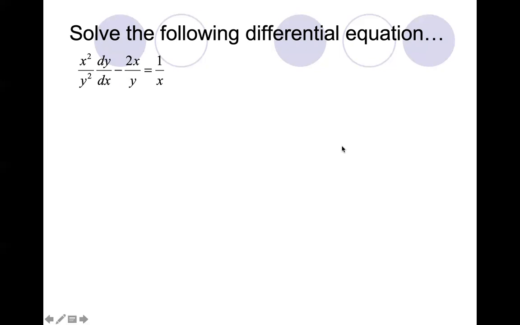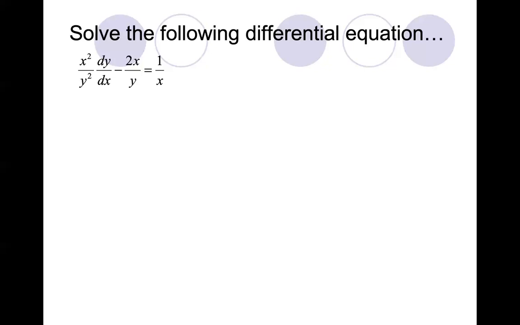What is the product? No idea. Oh, is it there?